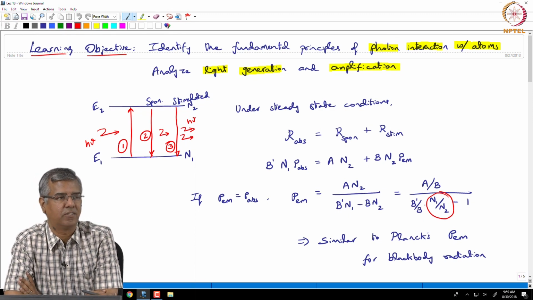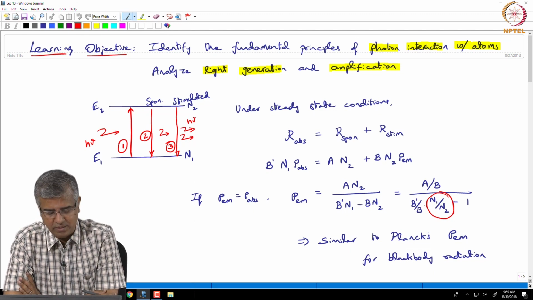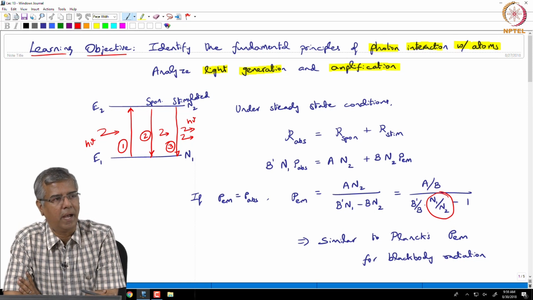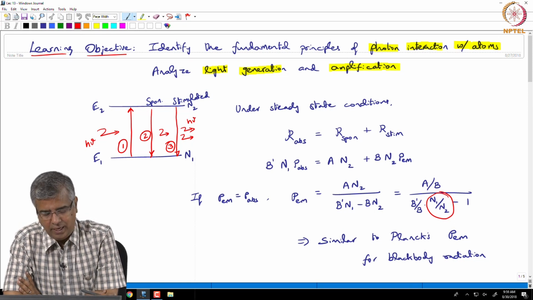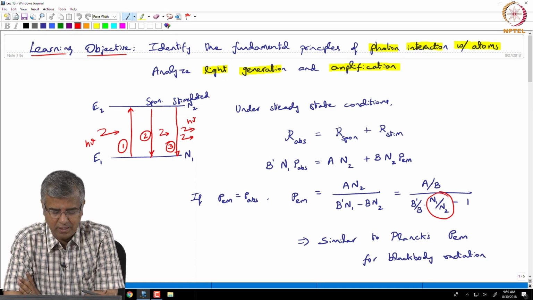Essentially you are taking an electron from the valence orbital to one of the higher orbitals, and once it is at that higher orbital, we said it cannot stay there forever, it is going to have to come back to the original state, and it can come back by emitting a photon. And if it is emitting a photon after spending some characteristic lifetime there, we call it spontaneous emission.